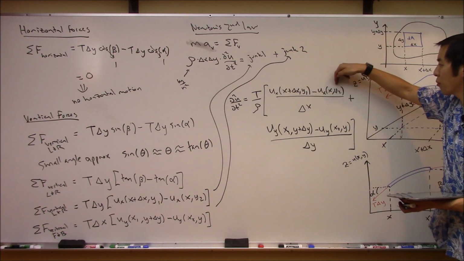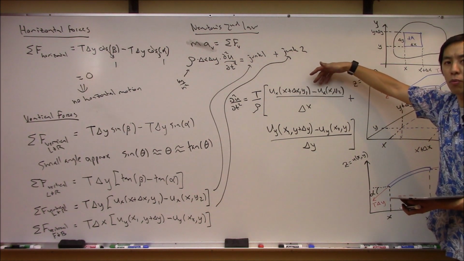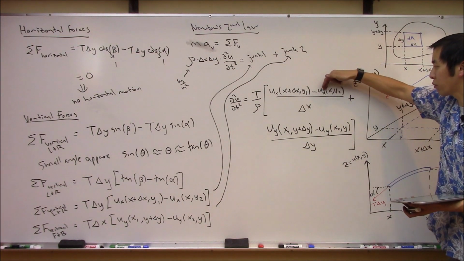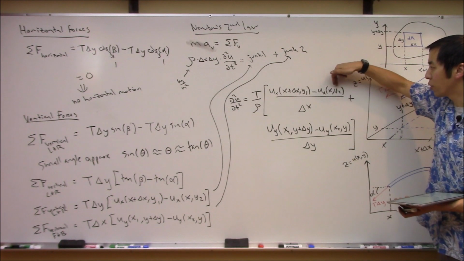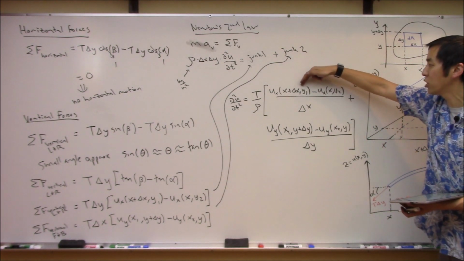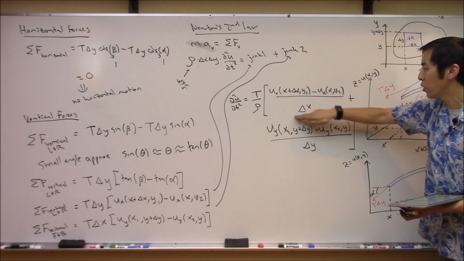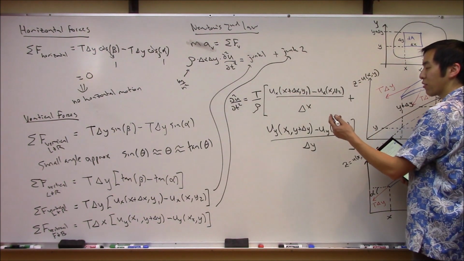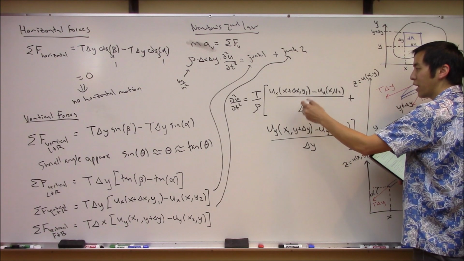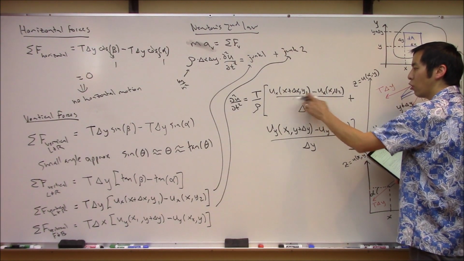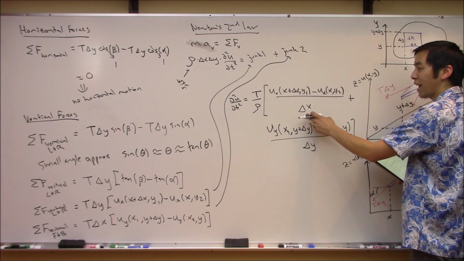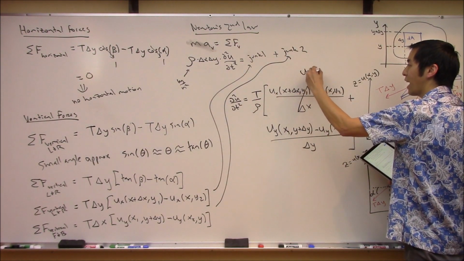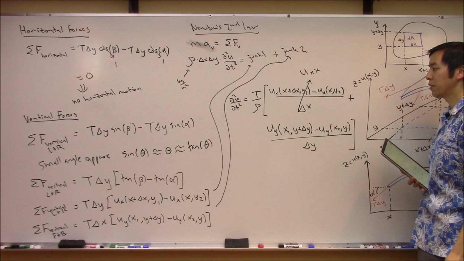So the entire numerator is basically the difference in slope, or how much the slope in x with respect to x changed. Here's like a rise, and here's your run as you move over a distance delta x. So this is rise over run. It's basically asking how the slope changed as you move delta x. Or it's basically saying this is uxx.